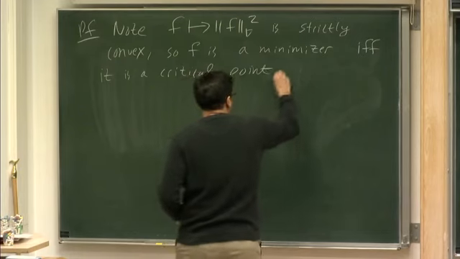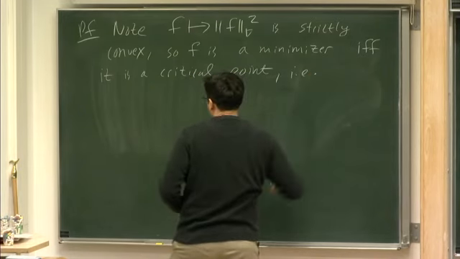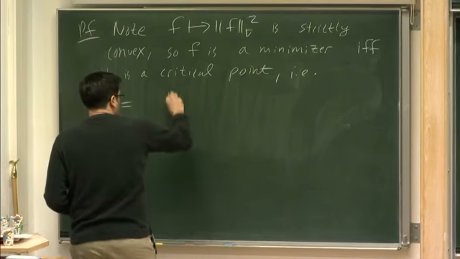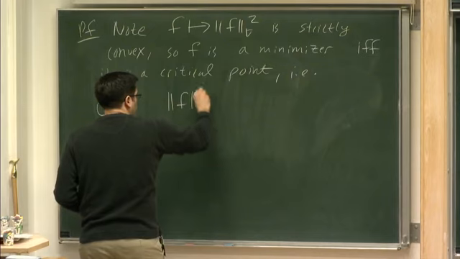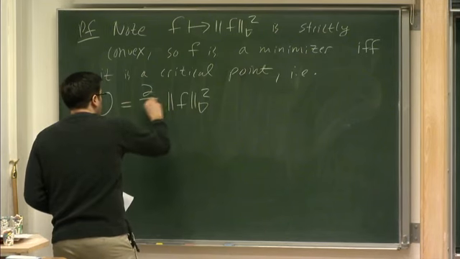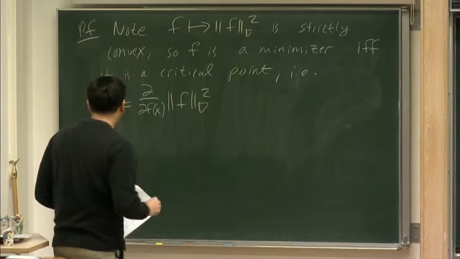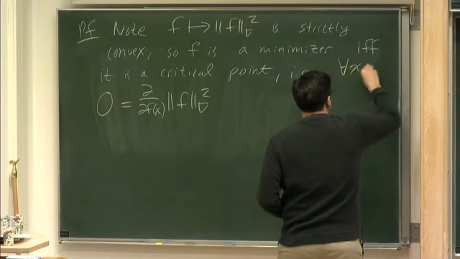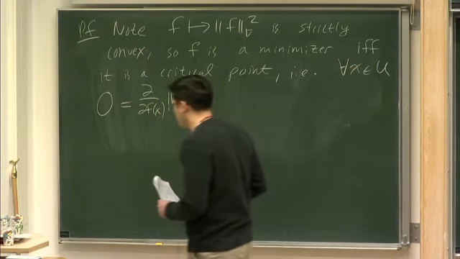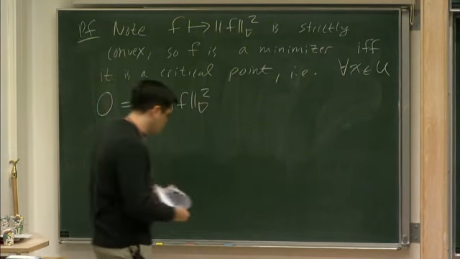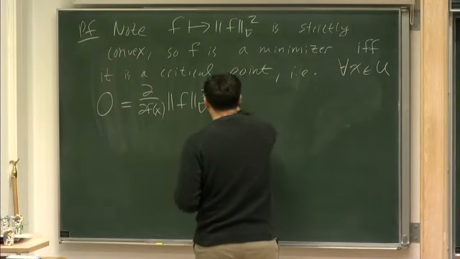It just means that if you take the square norm of your function and differentiate it with respect to its value at any given point in U, so for all x in U, the derivative has to be equal to 0. But what is this equal to?